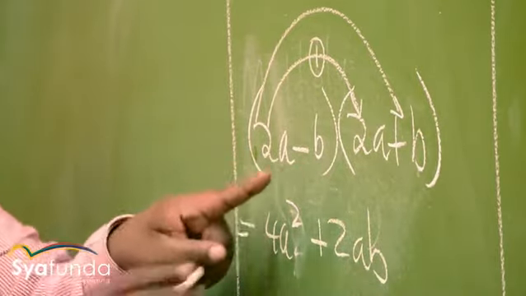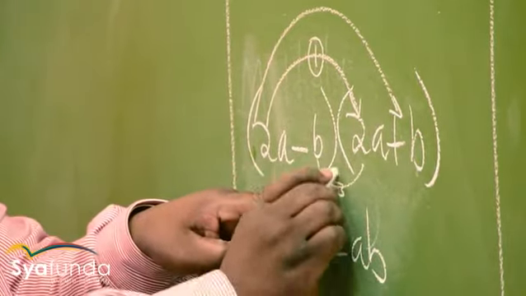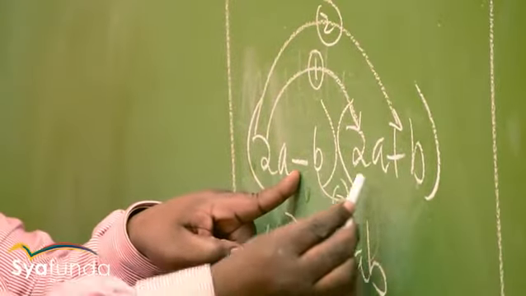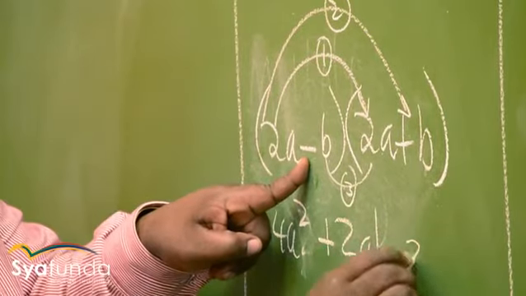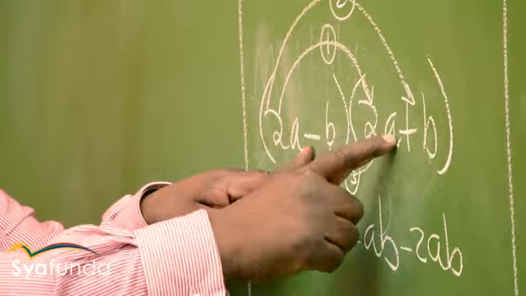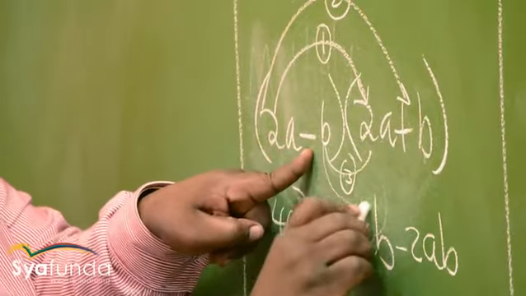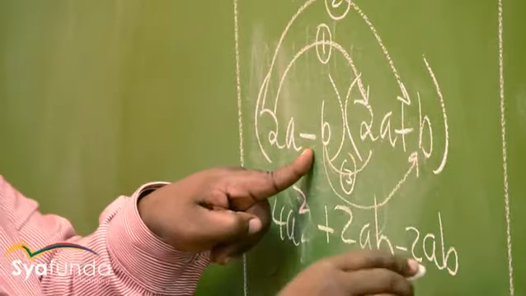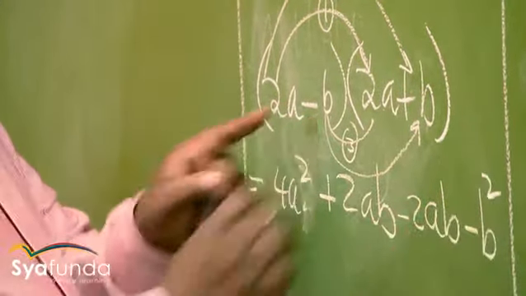Let's move on to this one now. Step number 3, it's minus B times 2A. It's going to be minus 2AB. Step number 4, the second term by the second term. It's minus B times positive B. It's going to be minus B squared.